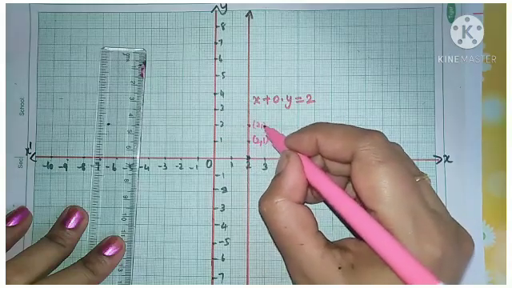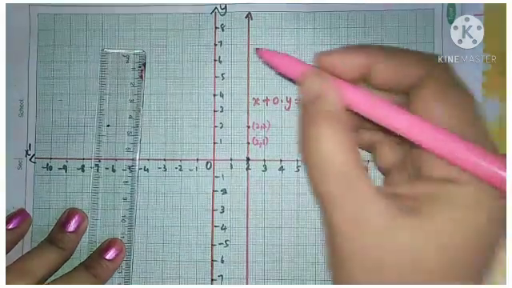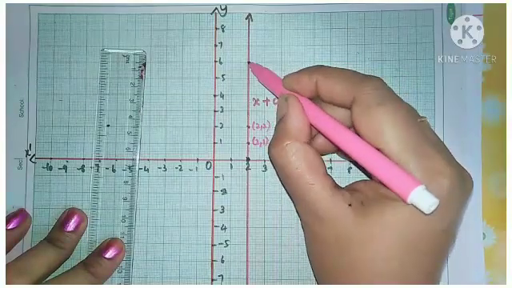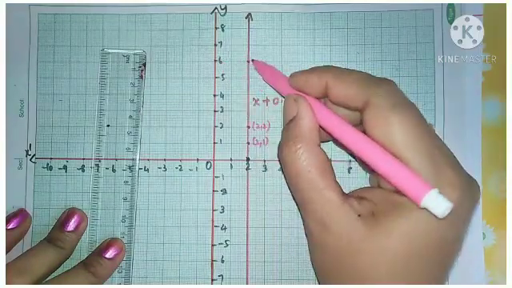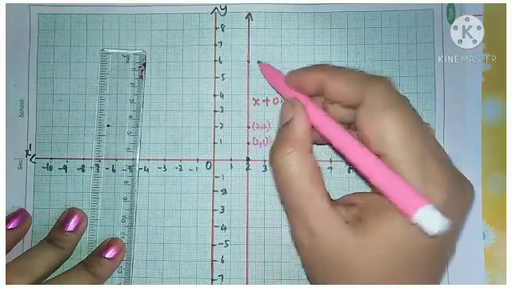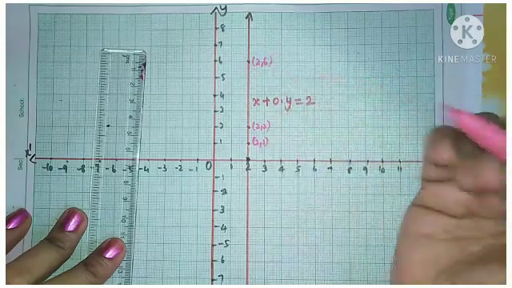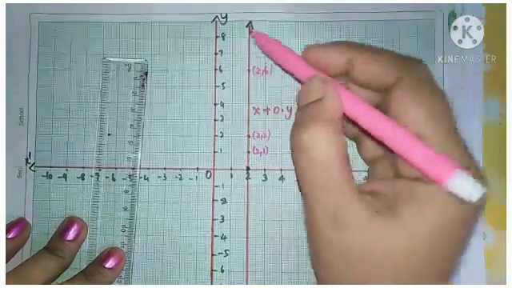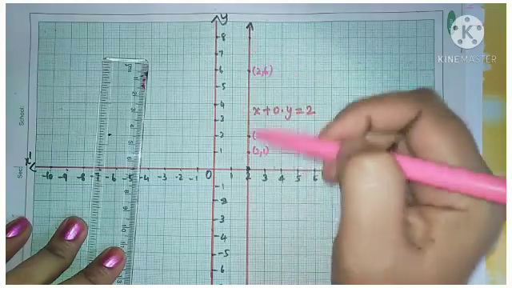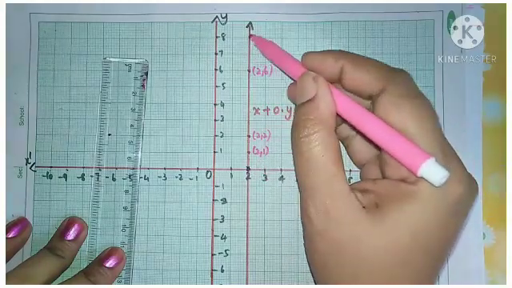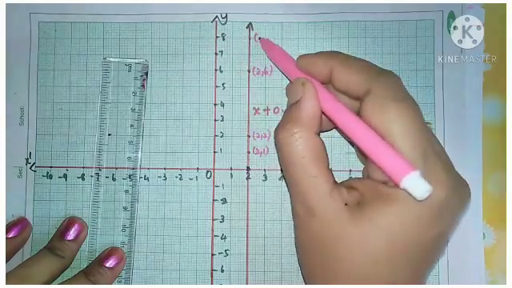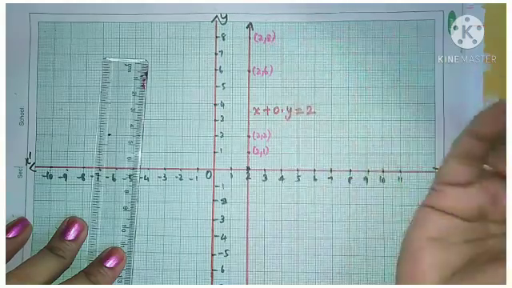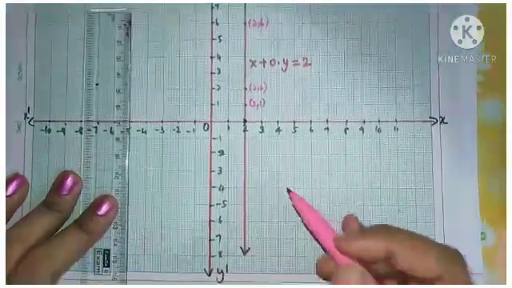So 2, 2. Correct? And if you take this value, y is 6 and x is 2 there. So it is 2 and 6. Correct? And if you take this value, x value is 2, no change, but y value is 8. So 2 and 8.